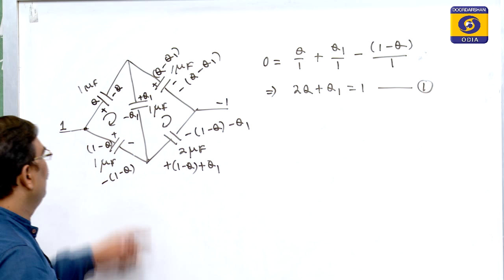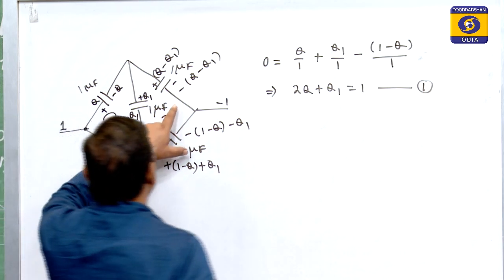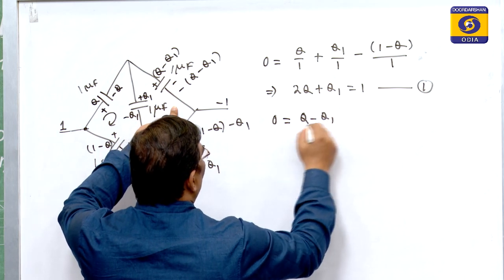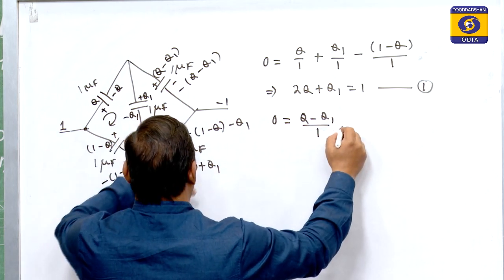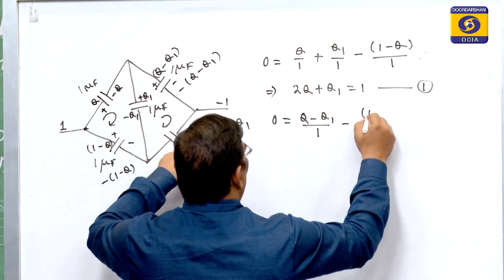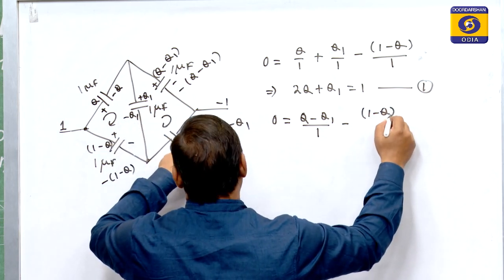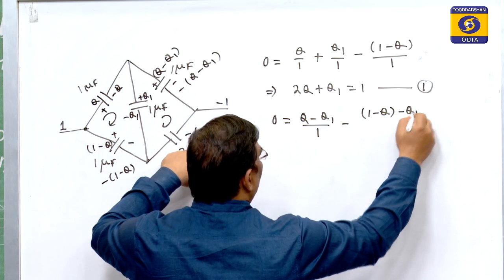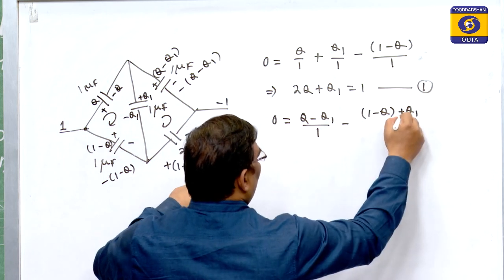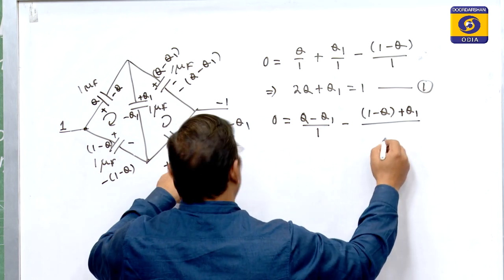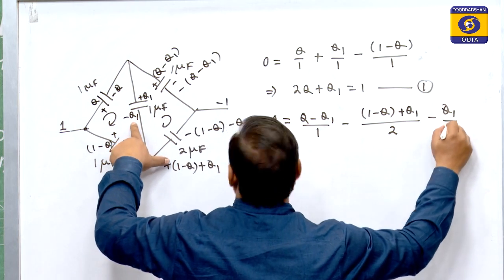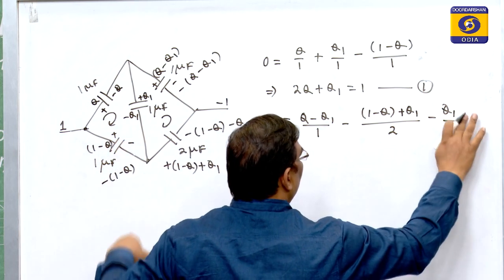And similarly, from the second one, I get 0 equal to (Q minus Q1) by 1 minus (1 minus Q minus Q1) plus (1 minus Q plus Q1) divided by 2 minus Q1 by 1 equal to 0.